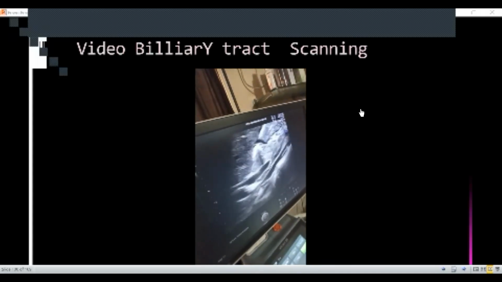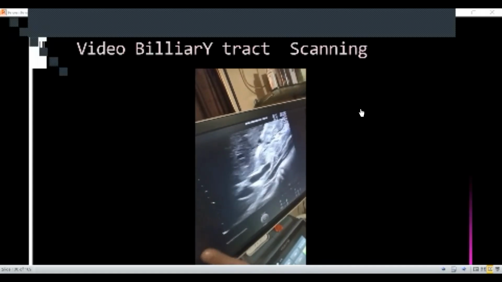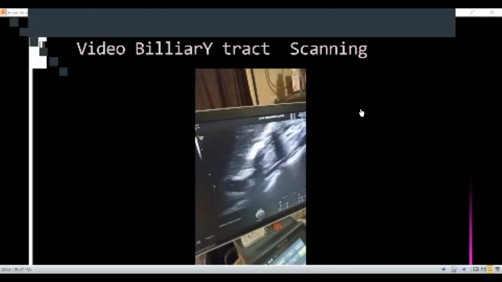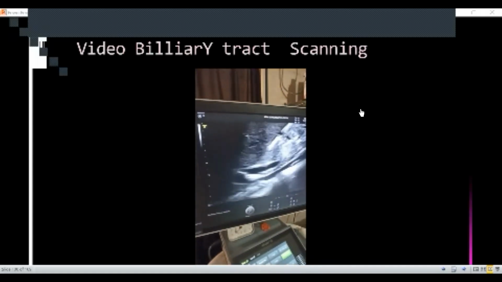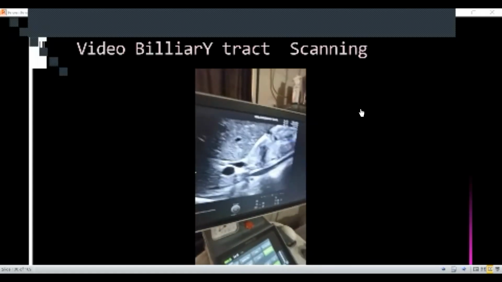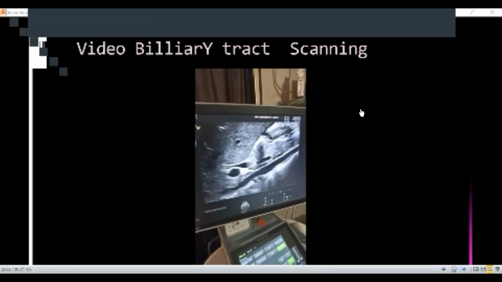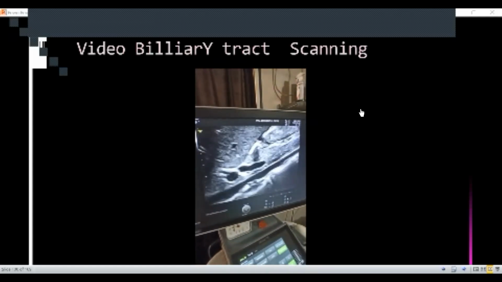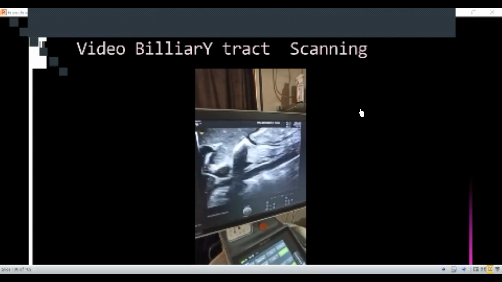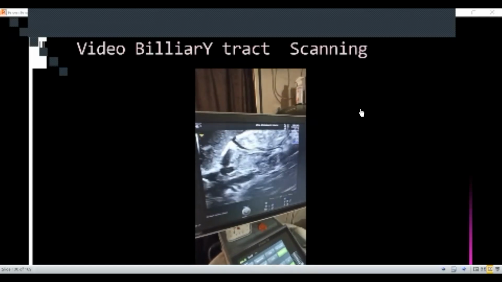We can zoom it and see the lumen of the common bile duct. Any abnormality in it, we have to trace it up to the duodenum.